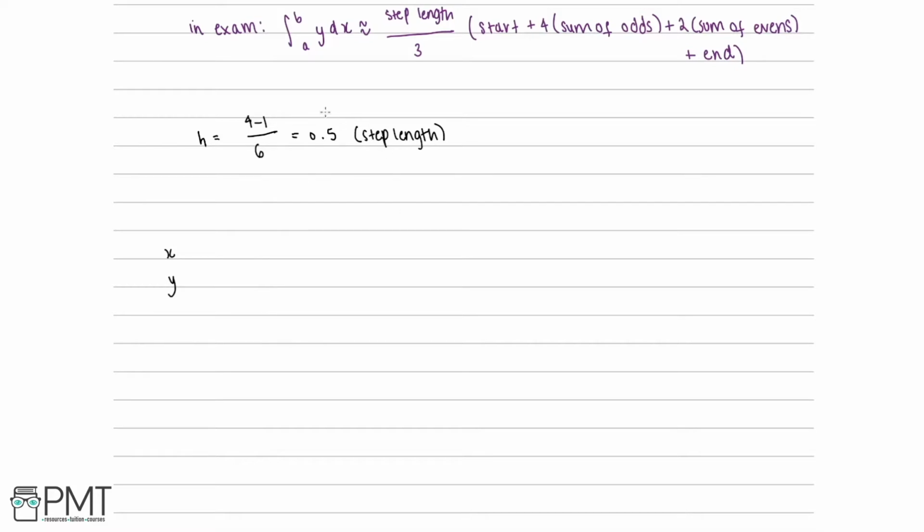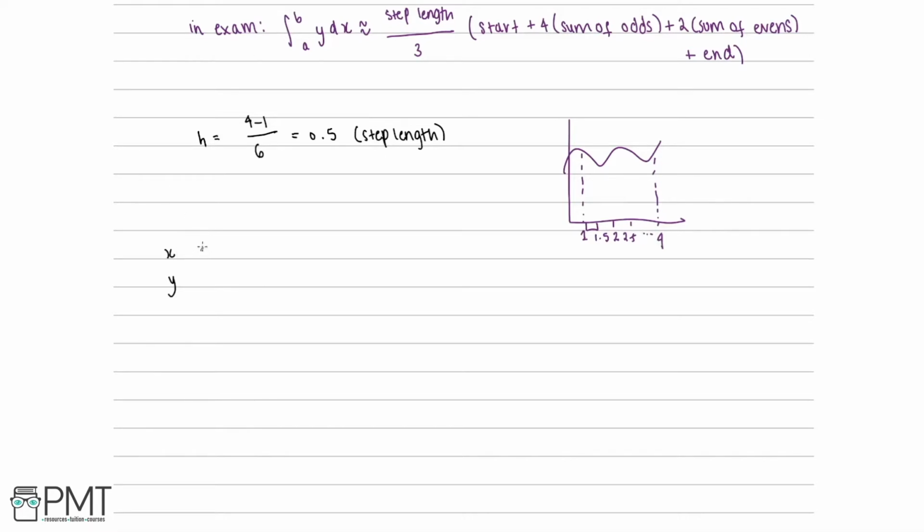We know that our step length is 0.5, so if our graph looks something like this, and this is 1, and this is 4, each step will be 0.5 in width, so we will have x0 as 1, x1 will be 1.5, x2 will be 2, x3 will be 2.5, and so on until you get 4. So let's write this down.